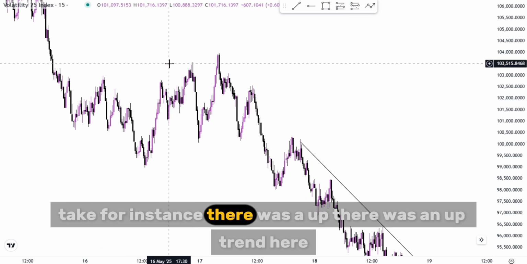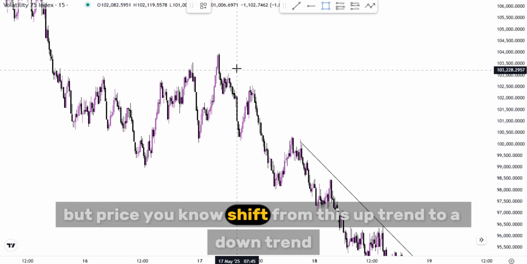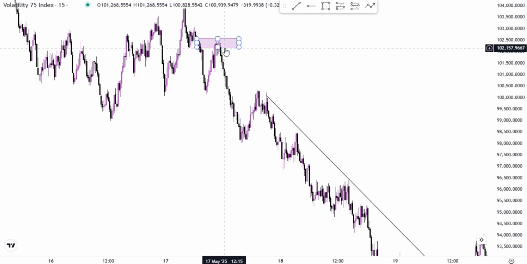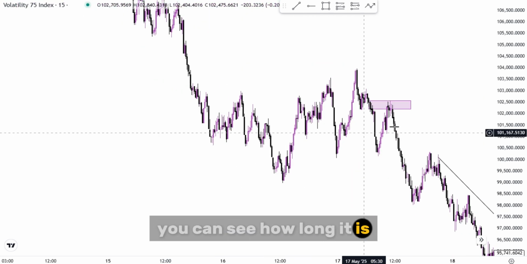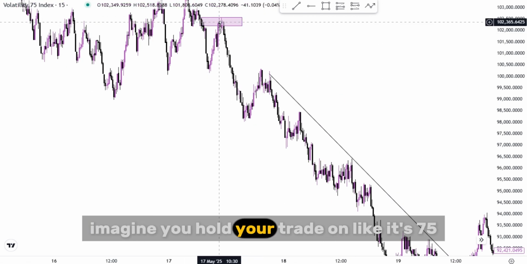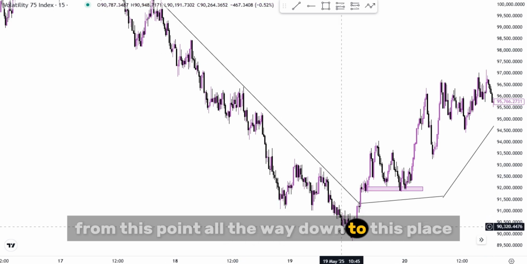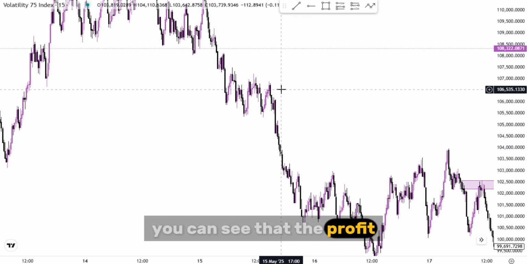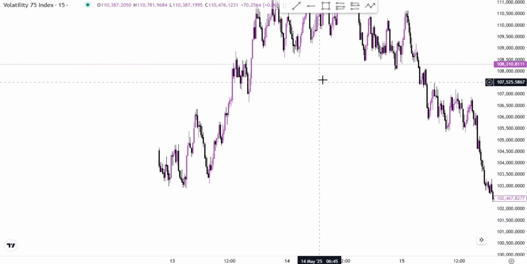Take for instance, there was an uptrend here, but price shifted from this uptrend to a downtrend. Now you can see the entry here from this point all the way down to this place. You can see how long it is. Imagine you hold your trade on volatility 75 from this point all the way down to this place. The profit that you are going to make at the end of the day is going to be massive.